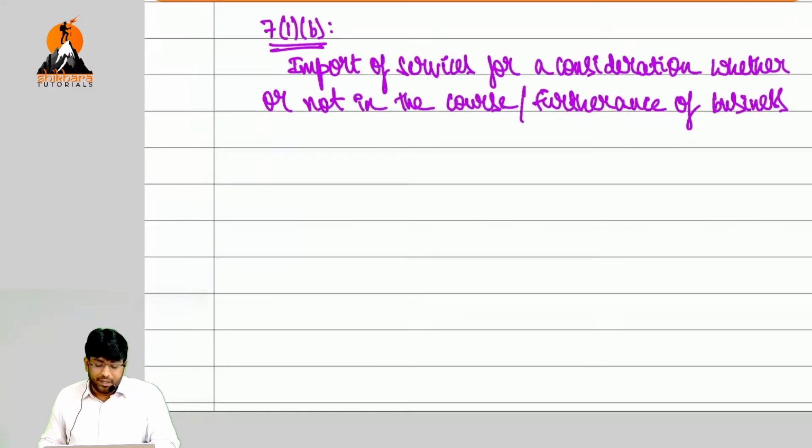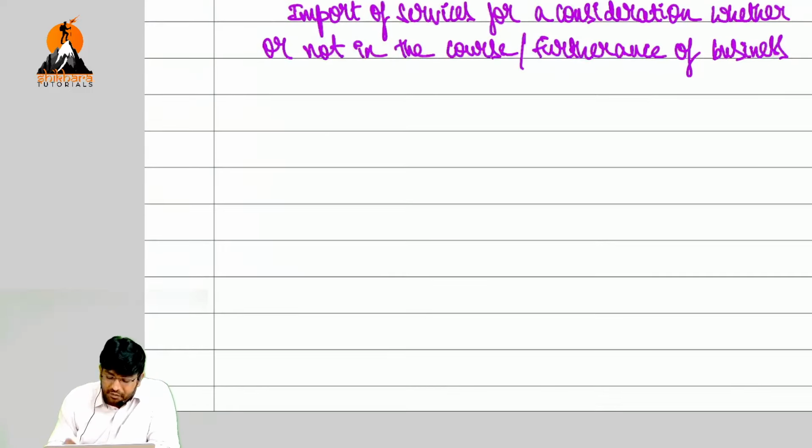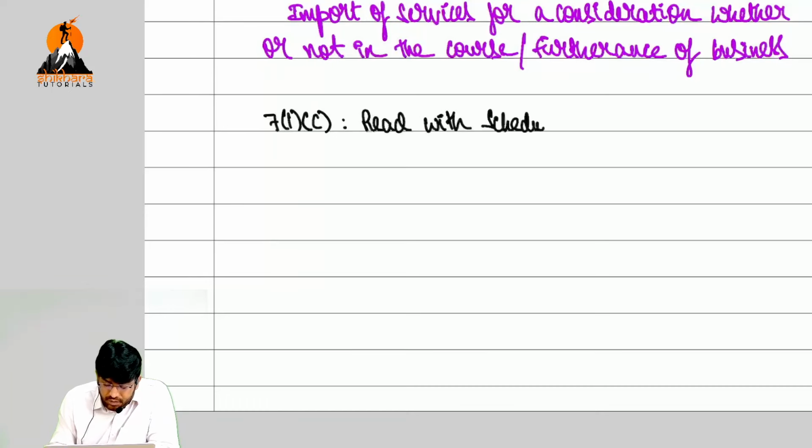Come on. Let me start a discussion about something very interesting, very important. 7.1c, read with Schedule 1 of the CGST Act.